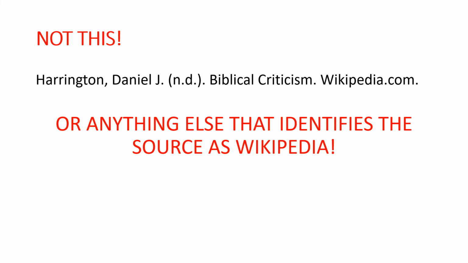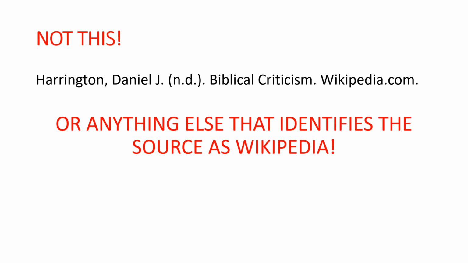If you find something you like in Wikipedia, become the detective and track down the source. Use the original information and use that in your paper. You may also find by doing that a lot of other good information by Daniel Harrington. That's the beauty of following your references within references.